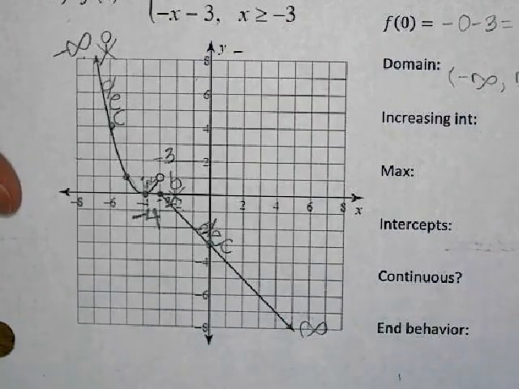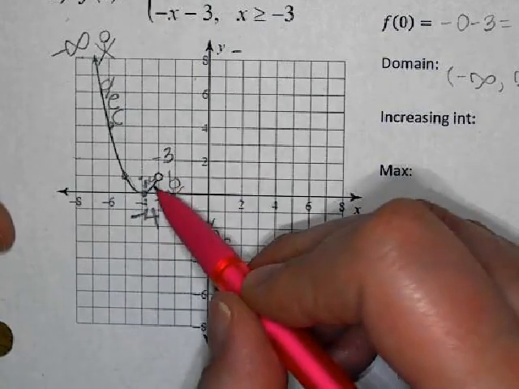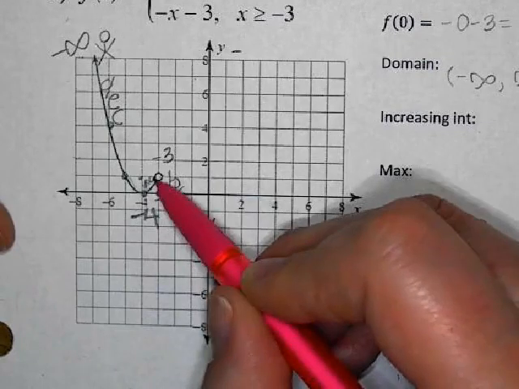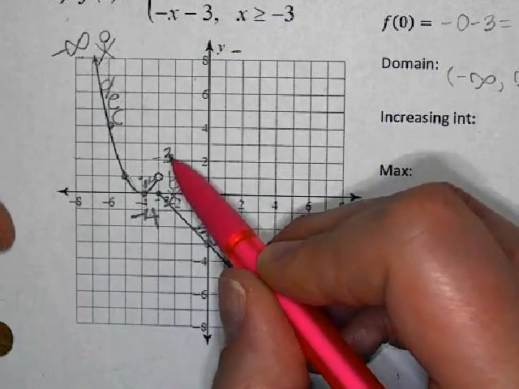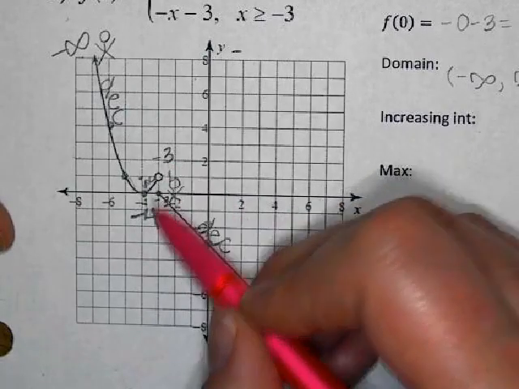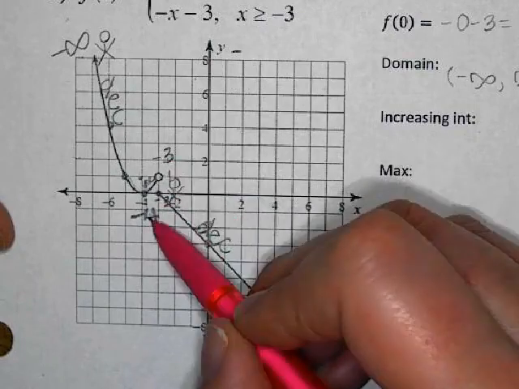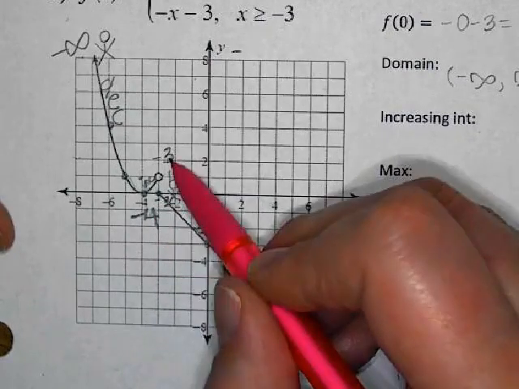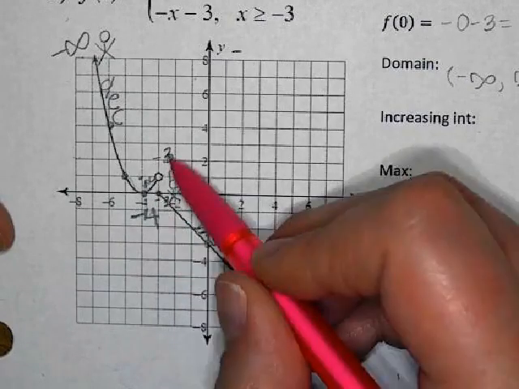So let's write the answer for increasing real quick. We have the word increasing in between this number right here and this number right here. So how should I write that answer? Increasing is -4, -3. Okay?